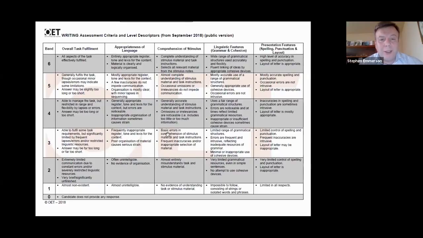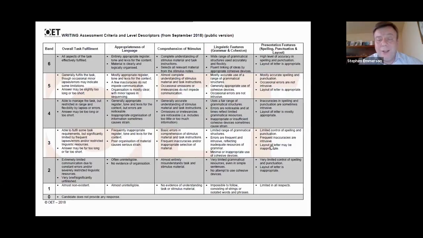Comprehension of stimulus here, basic errors, comprehension of stimulus material and task instructions. But again, frequent inaccuracies or inappropriate selection of material. And then for linguistic features, limited range of grammatical structures, errors are frequent, intrusive, reflecting inadequate resources of grammar, minimal or inappropriate use of cohesive devices, and then limited control of spelling and punctuation, frequent inaccuracies are intrusive.